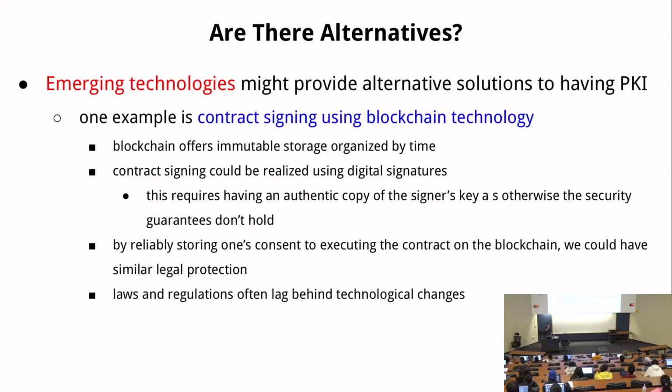Blockchain and smart contracts provide a lot of similar guarantees that PKI used to provide, and also some guarantees PKI couldn't provide. We will discuss those in the Bitcoin module of the class.